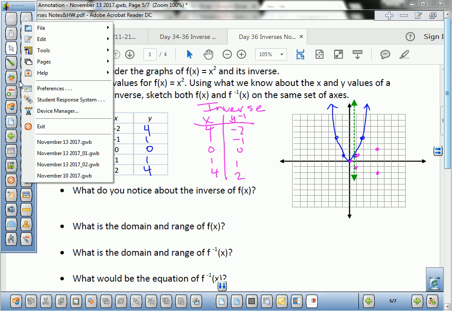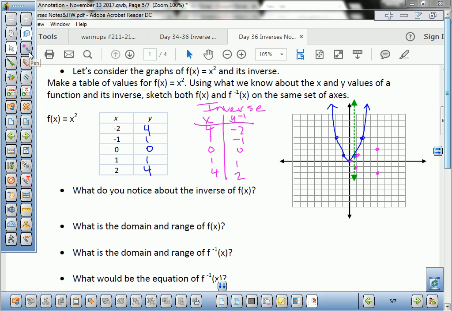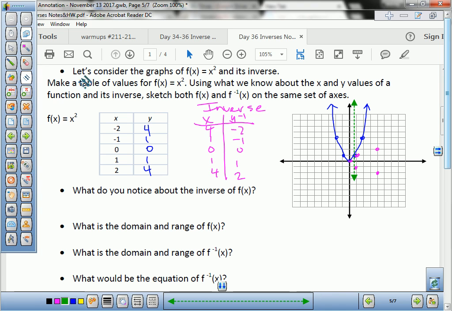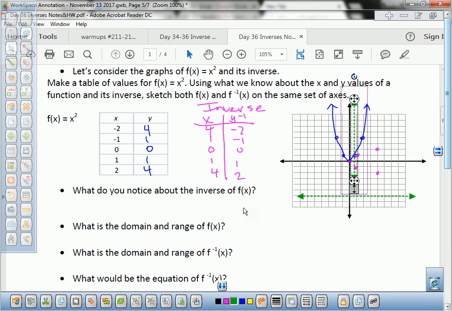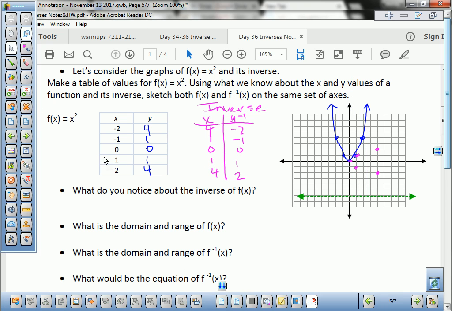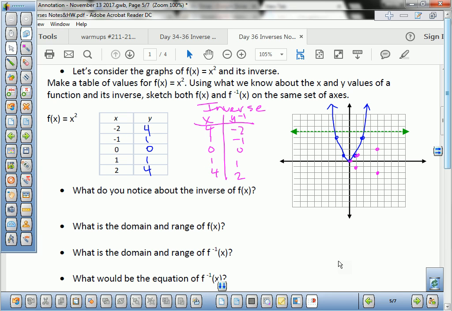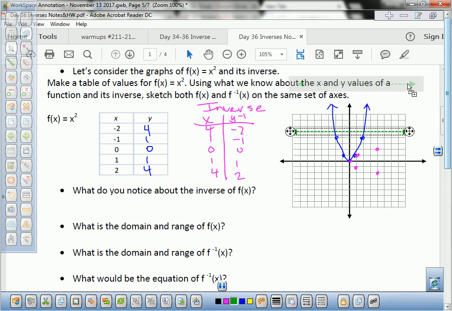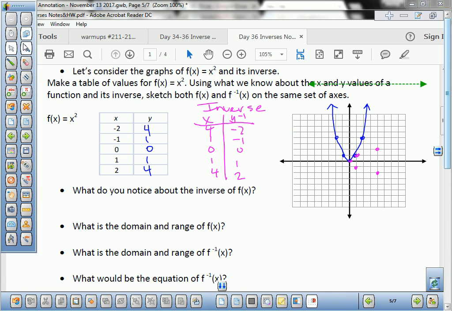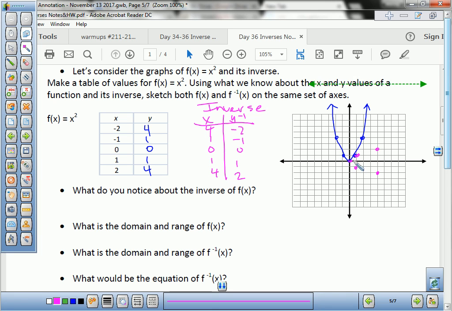So if we looked at the original function and we were trying to determine if the inverse is a function, we would use the horizontal line test, and it fails because it passes through more than 1 point. And we saw that when we graphed it. The inverse is not a function. It is the inverse, but the inverse is not a function.